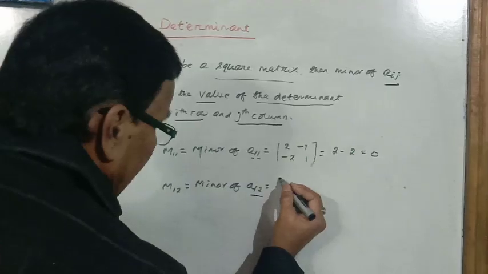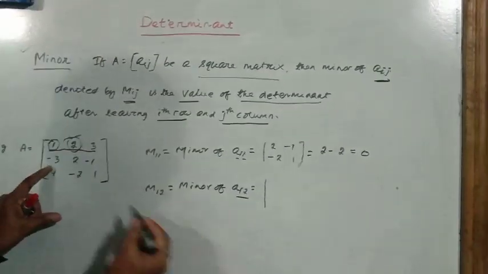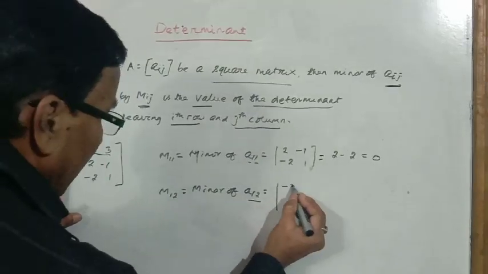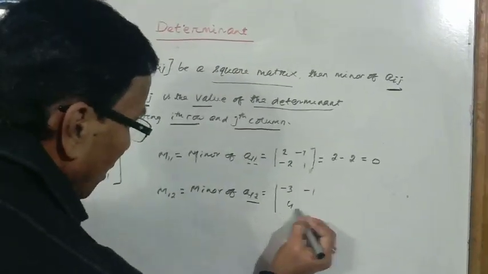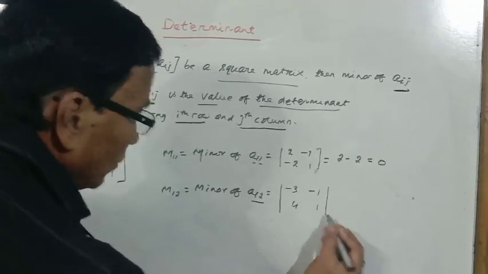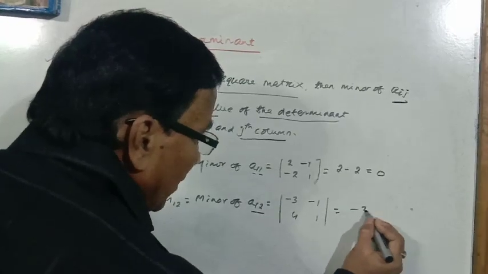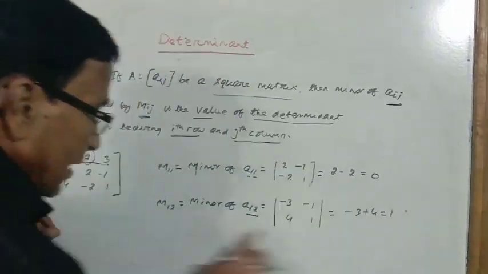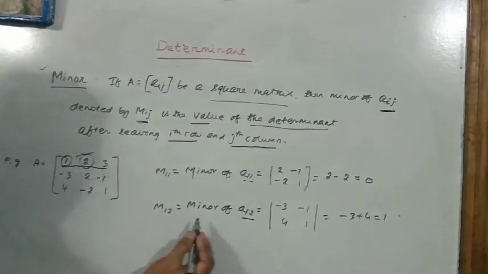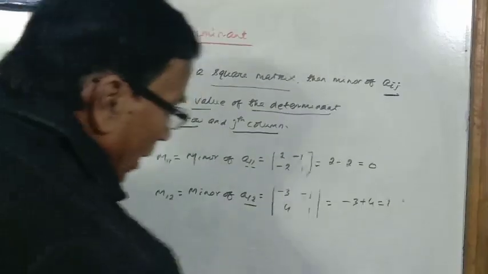So we are getting the determinant of minus 3, minus 1, 4, 1. Its value is equal to minus 3 plus 4, which is equal to 1. So 1 is the minor of A12, that is 2. So the minor of 2 is equal to 1.